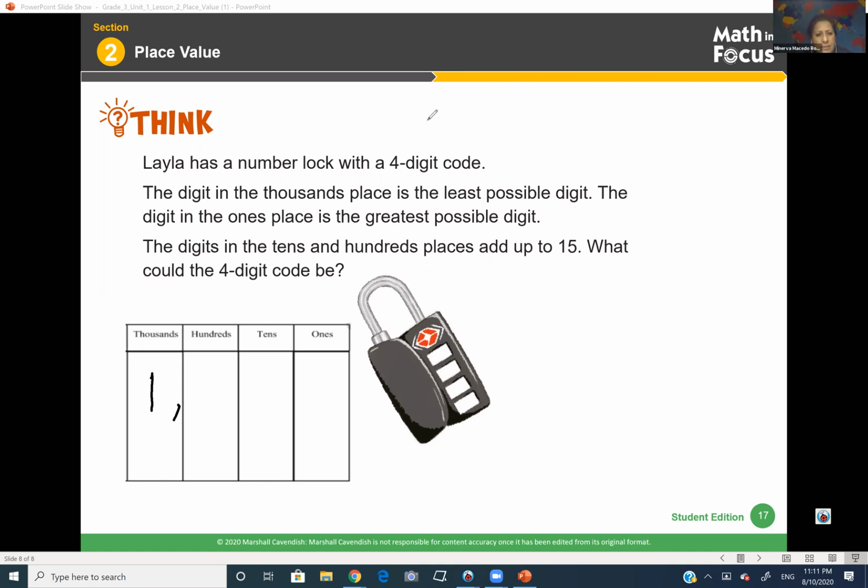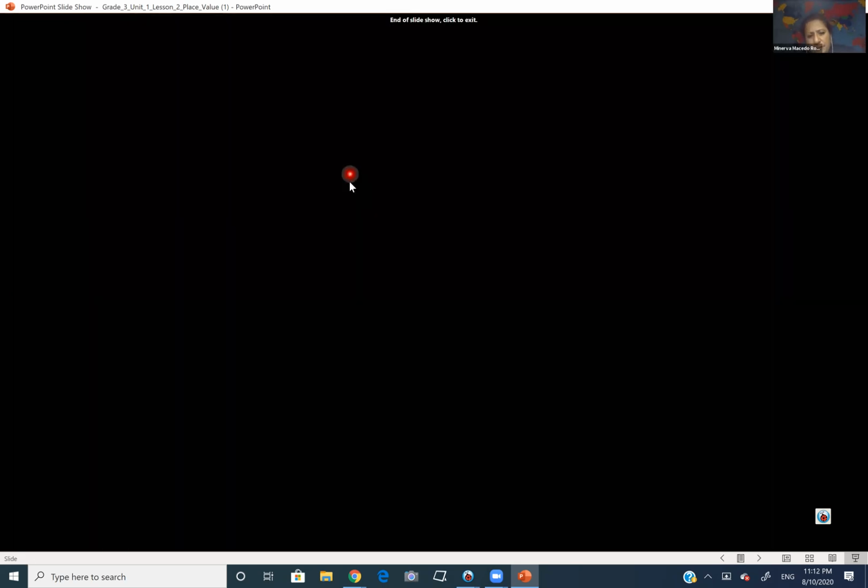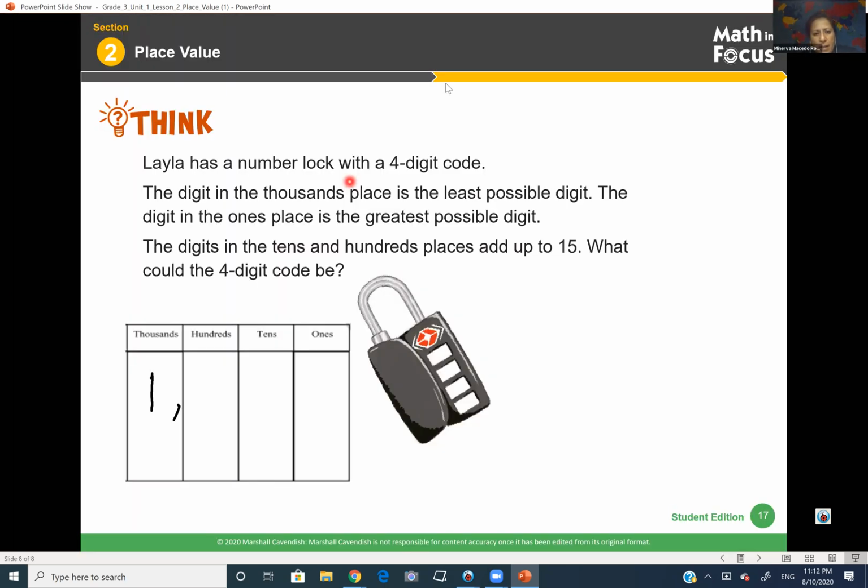Then the next one says, the digit in the ones place is the greatest possible number. So which one is that number? Exactly, that's number 9.